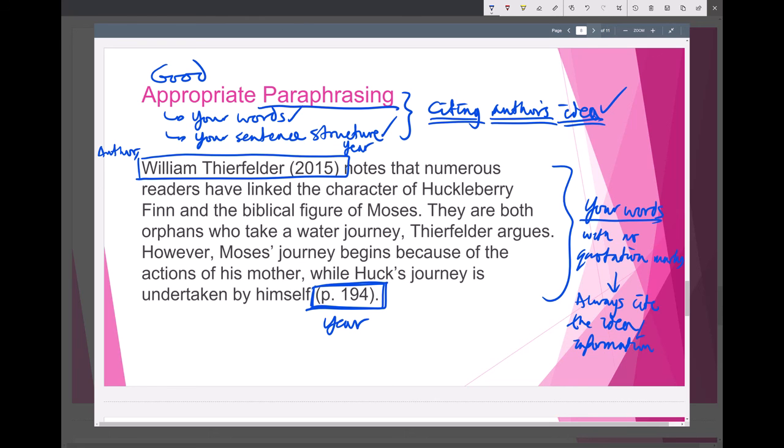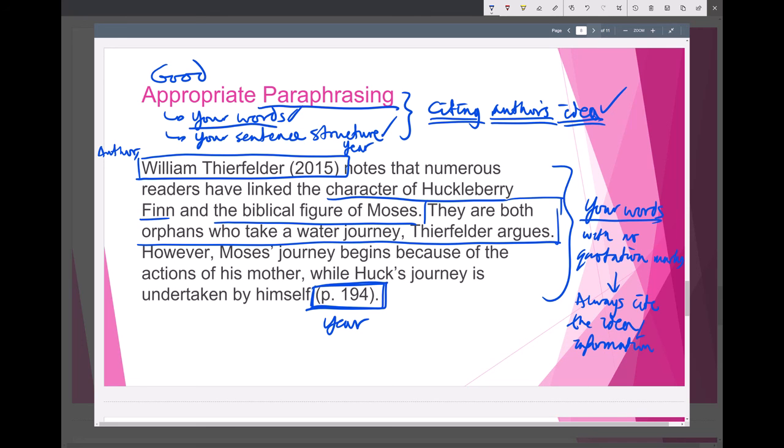The author notes that numerous readers have linked the character of Huckleberry Finn and the biblical figure of Moses. They are both orphans who take a water journey, the author argues. So, 2 sentences so far. If you compare this sentence with the previous slide, with a quote, you'd find that the words are different.